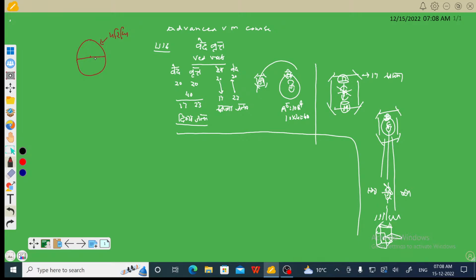This organization for the paridhi along vyas is the organization of the Ved Vret, how circumference is to be changed as a diameter.